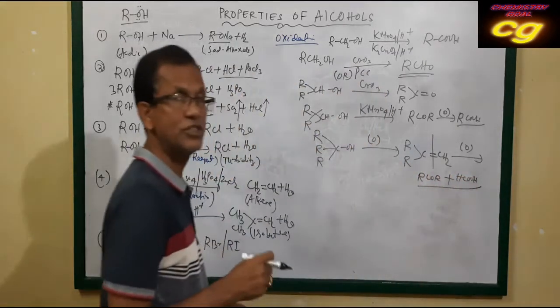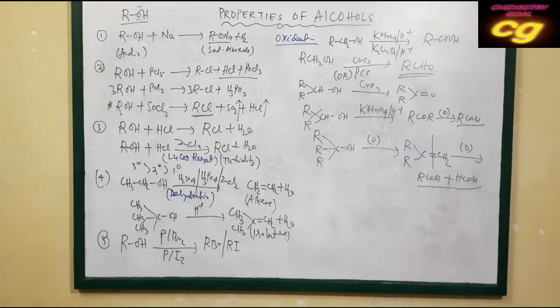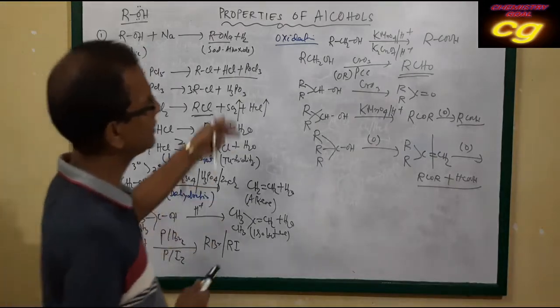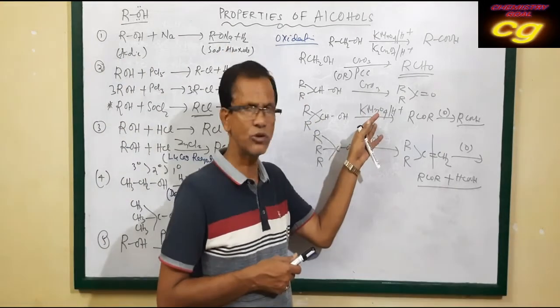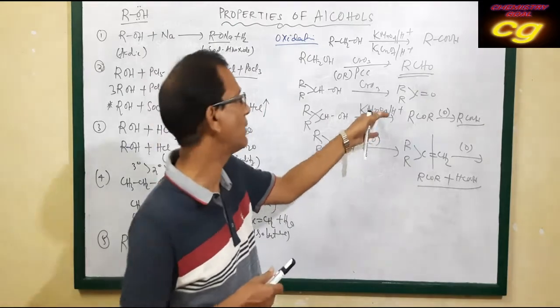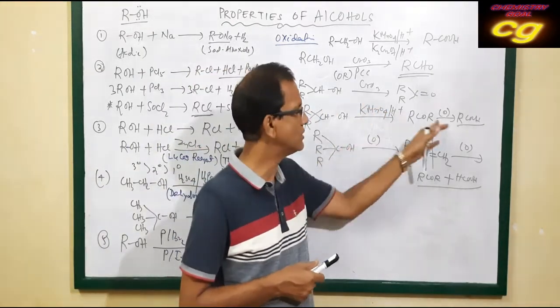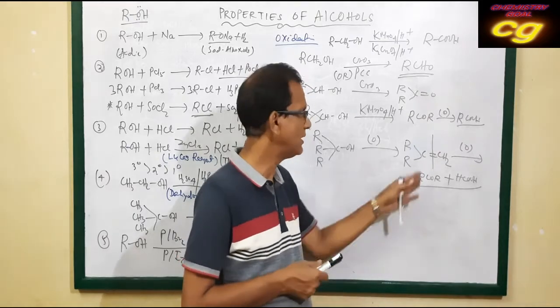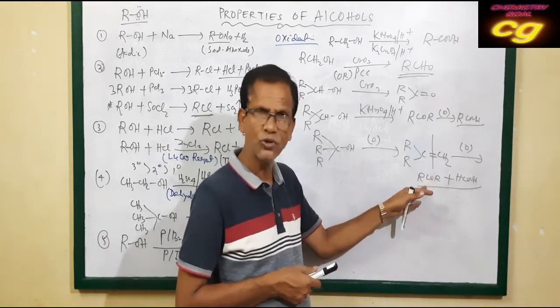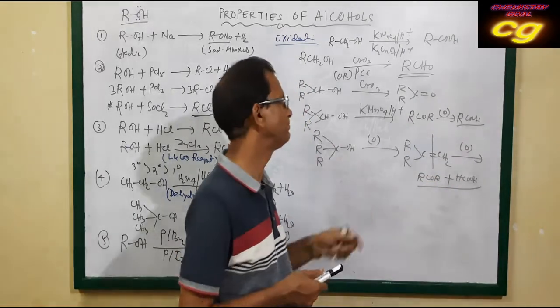So this is the oxidation product of tertiary alcohol. So remember this much: when alcohol gets oxidized by a strong oxidizing agent like acidified potassium dichromate or potassium permanganate, the result will be acid, and mainly ketone and acid if it is tertiary.